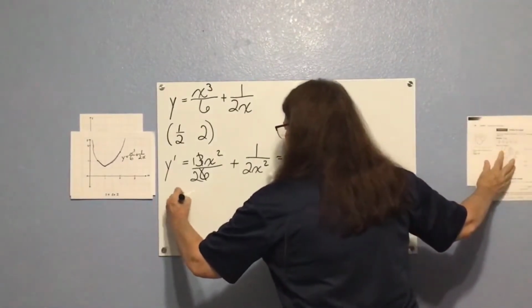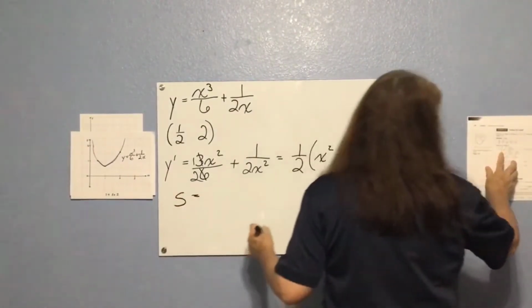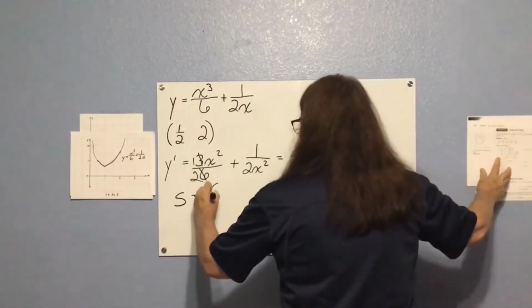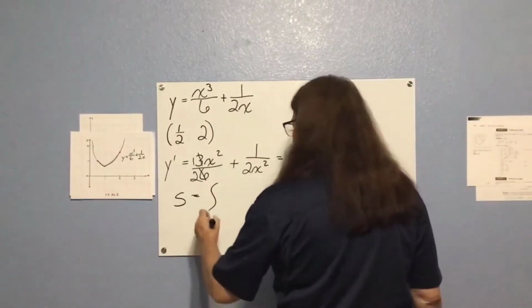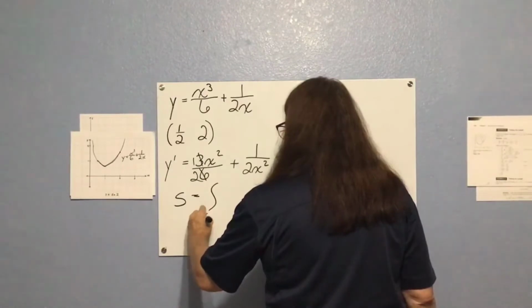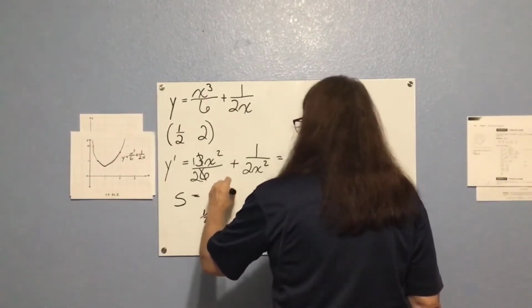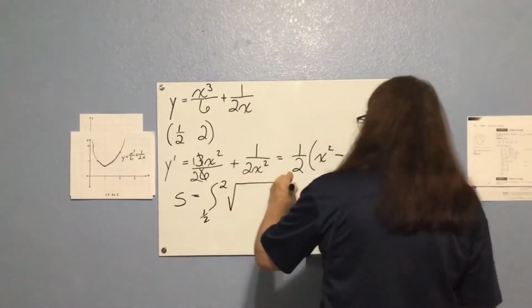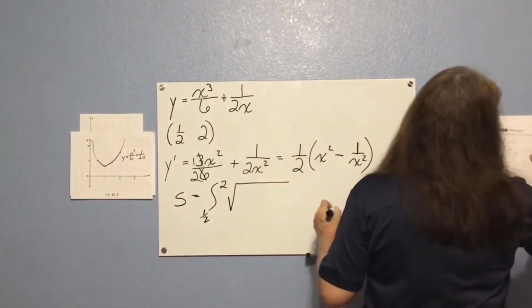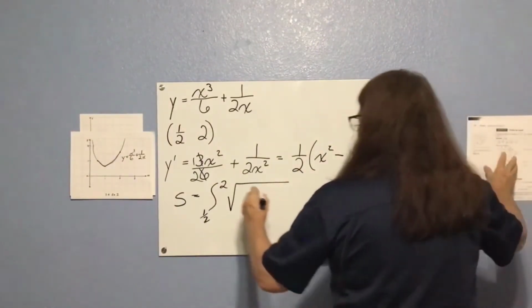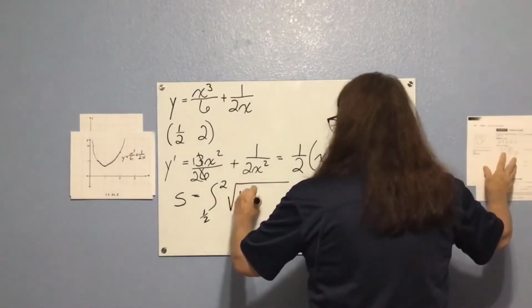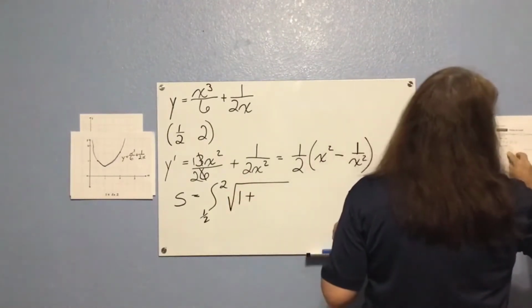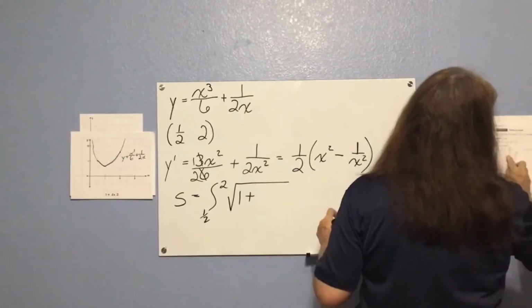So now I have s equals the integral, and my limits are 1/2 to 2. And I've got square root 1 plus dy dx squared.